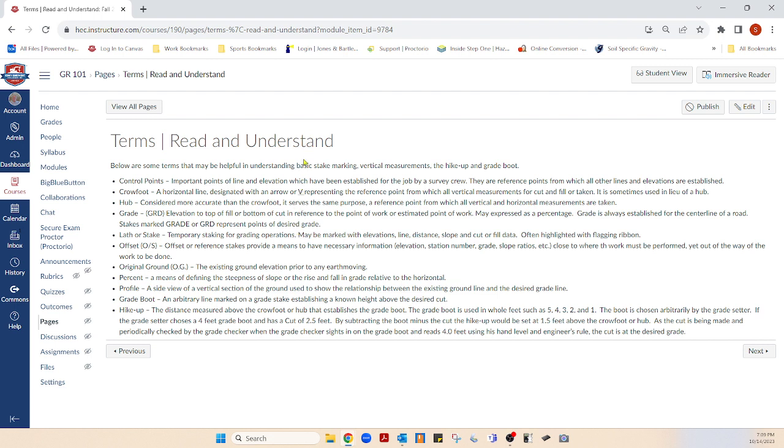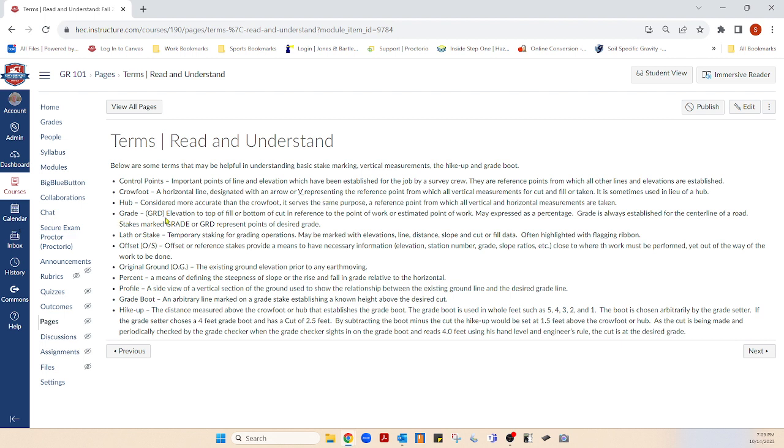For fills, you would put your grade rod right at that line, and to measure up, and to measure how far down you are, you would measure from the line under what looks like a V, down, to see if you were on grade or not. This will become a lot more familiar as we go along.